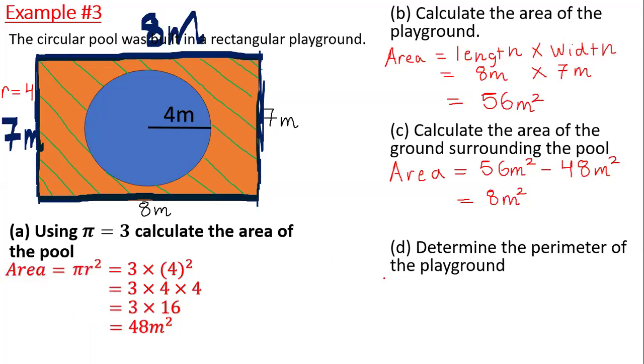They're saying they got 30, so perimeter is equal to 8 meters plus 8 meters plus 7 meters plus 7 meters.